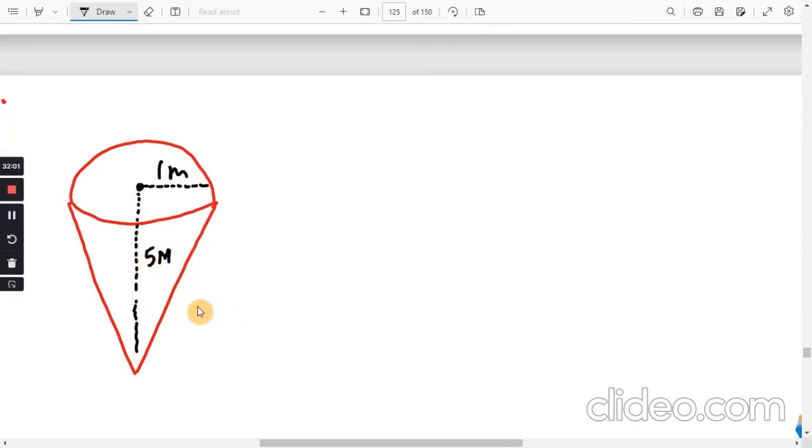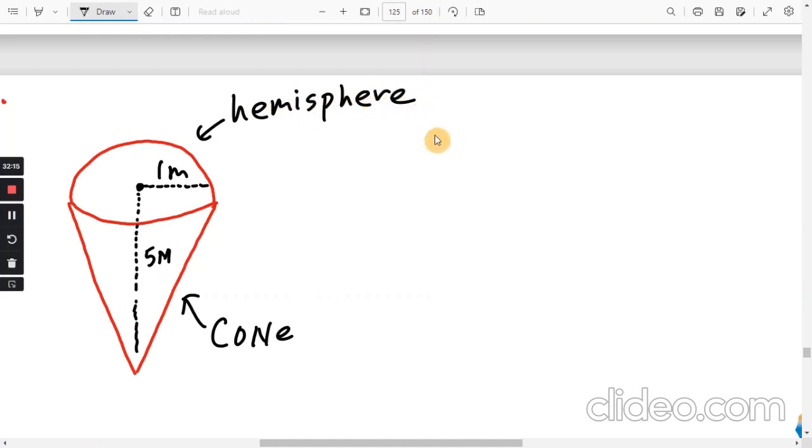Now, the bottom is a cone, and the top is a hemisphere, or half of a sphere. So the volume, do that in a different color.